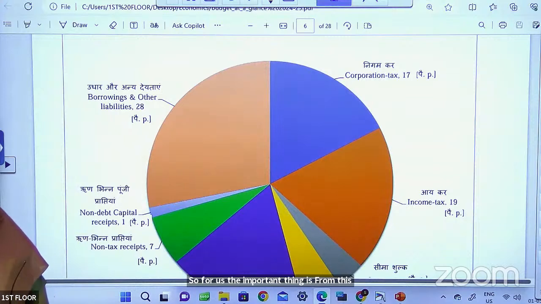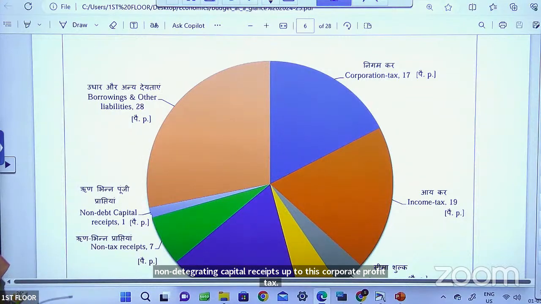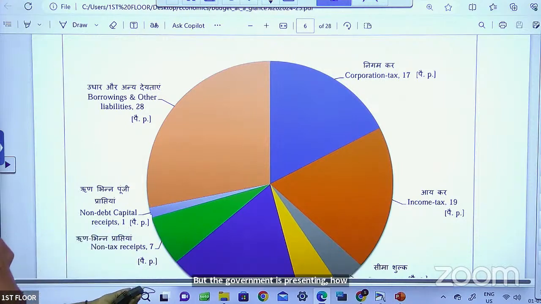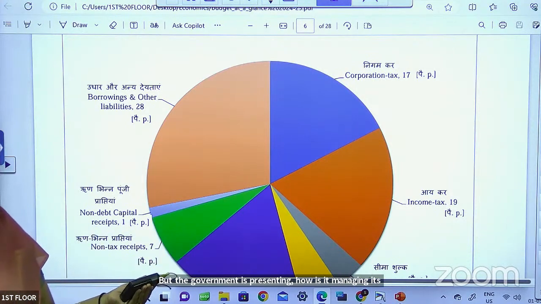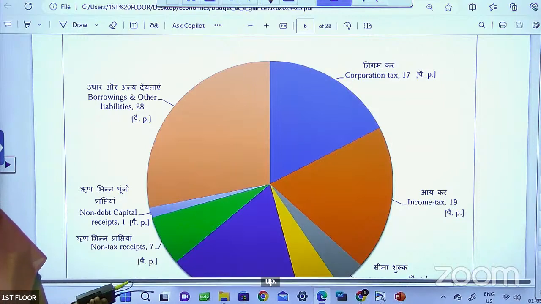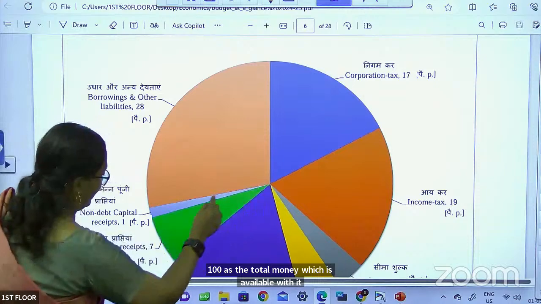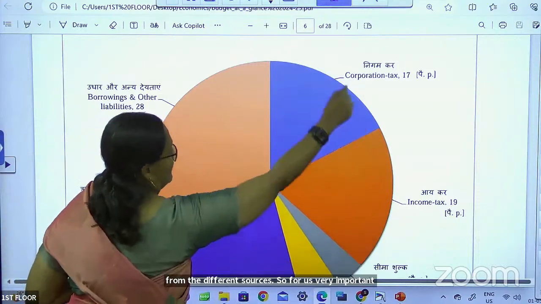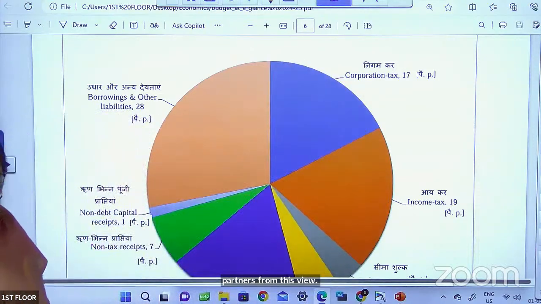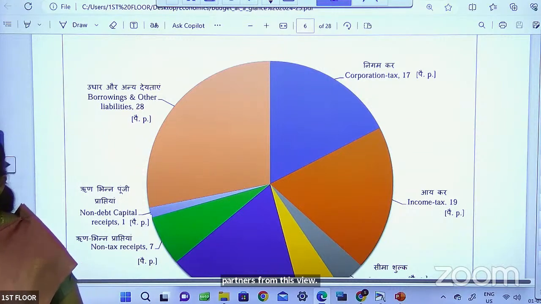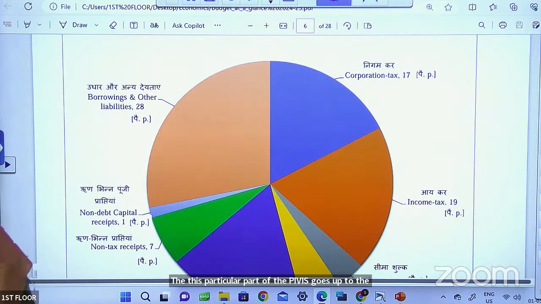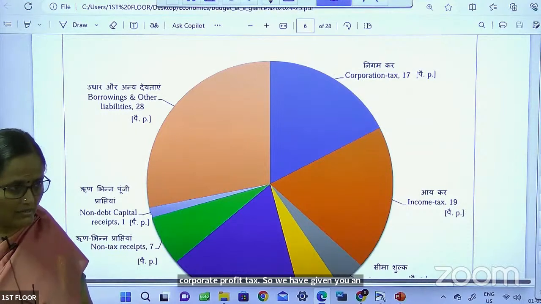But the government is presenting how is it managing its expenditure. So if there is 100 rupees expenditure, the government has to show 100 rupees as the total money which is available with it from the different sources. So for us, very important part is from this blue, this particular part of the pie which goes up to the corporate profit tax.